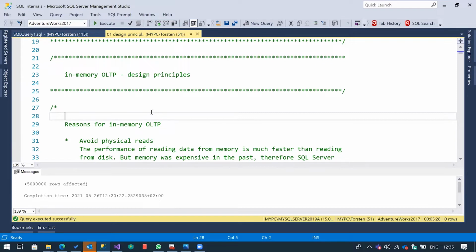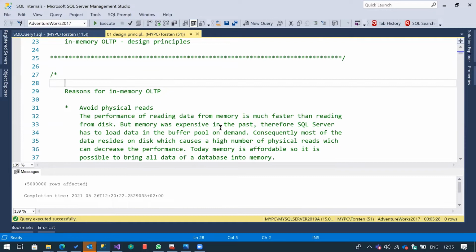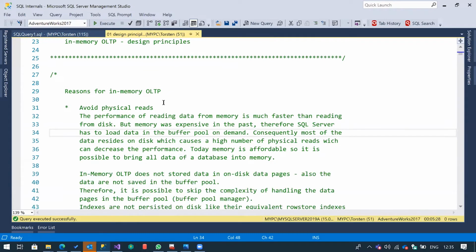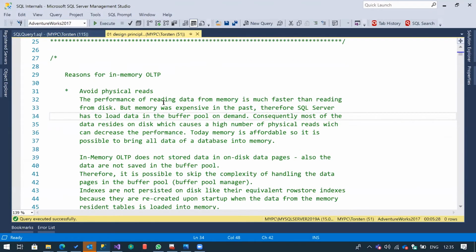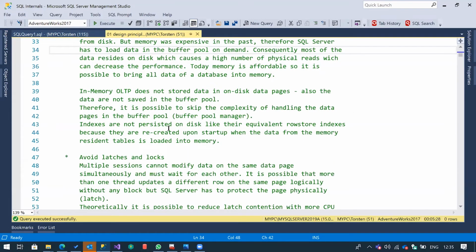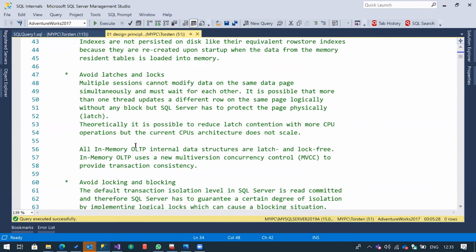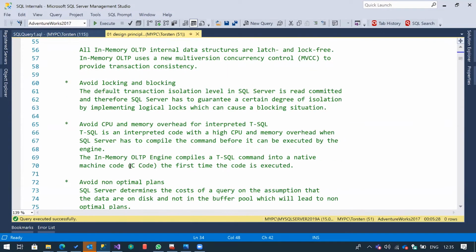As already mentioned, there are specific reasons to use in-memory OLTP. Mainly there are two reasons, which we will go through, but you can see there are more than two.